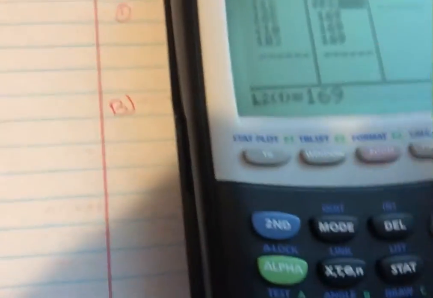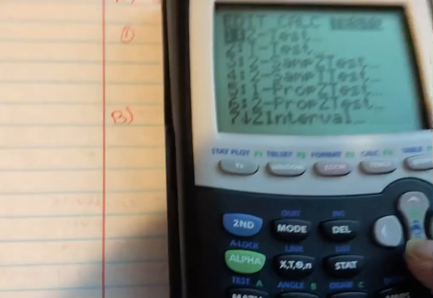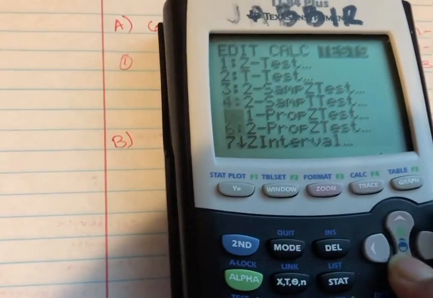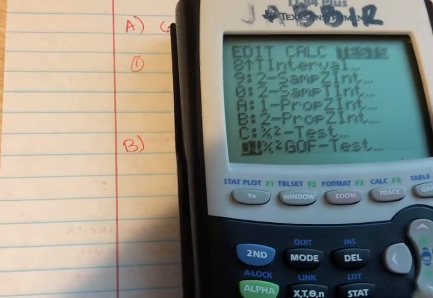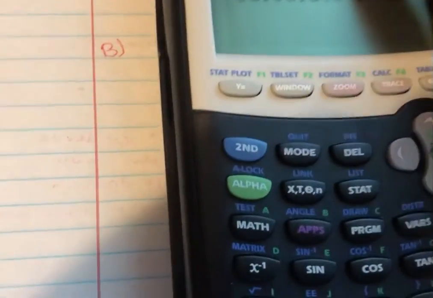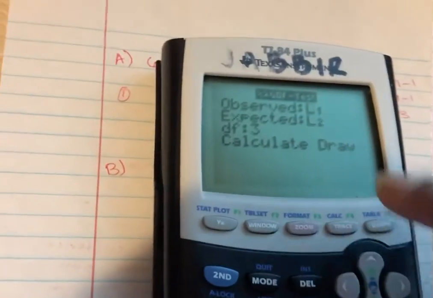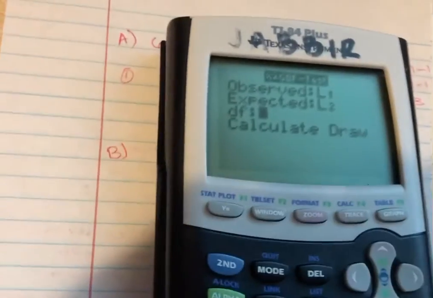So you would type 169 for all of them, and then you would hit stat, you would go to test, and then you would go all the way down to D, I think. Yeah, D. And then you don't change any of that because you already found the observed, and you put the expected in the edit. And then the degree of freedom, which would be 3, so you need to change that to 3.